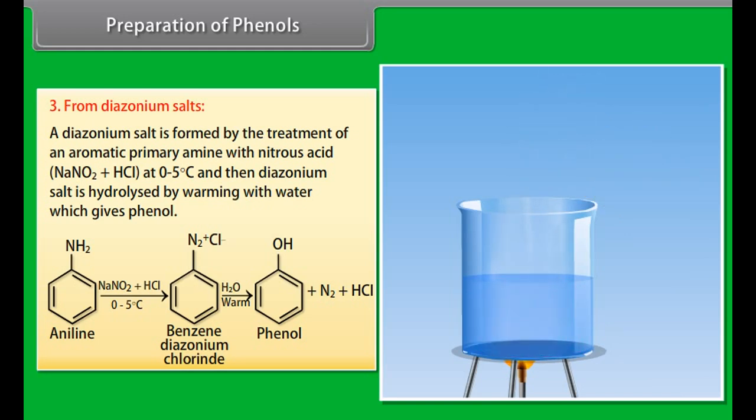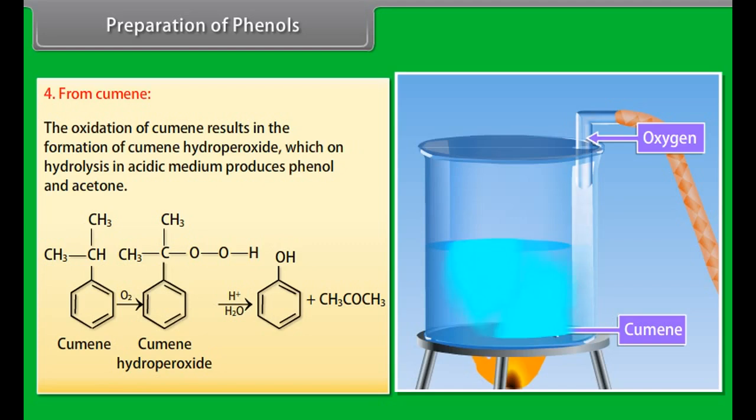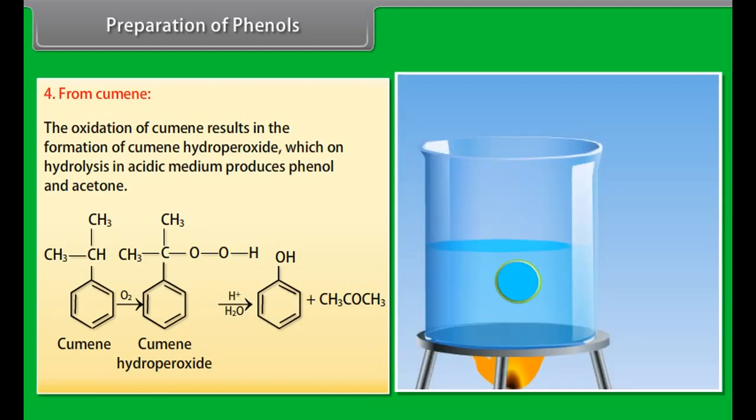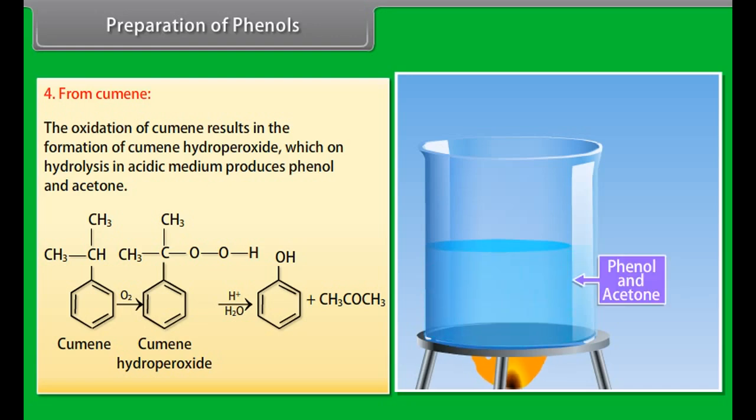It results in the formation of benzene diazonium chloride, and then by adding warm water it forms phenol, nitrogen, and hydrochloric acid. From cumene. The oxidation of cumene results in the formation of cumene hydroperoxide, which on hydrolysis in acidic medium produces phenol and acetone.